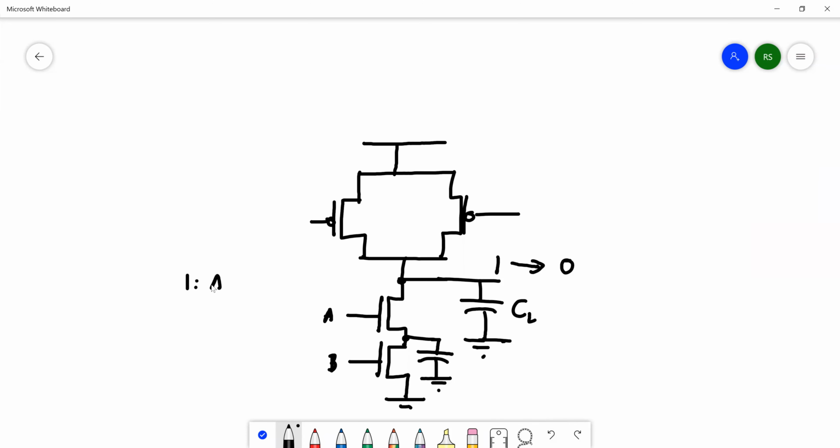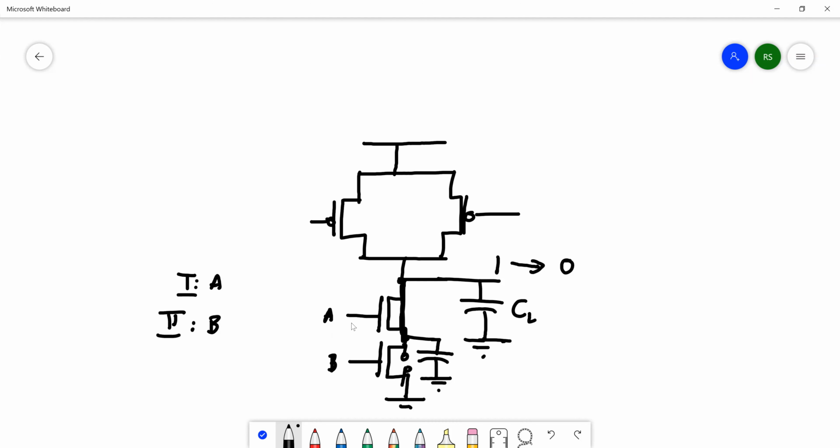First is A, and second is B. So A has already come, which means that A has gone from 0 to 1, and this MOS is conducting. But B has not yet arrived, which means that this is an open circuit, which means this capacitor cannot discharge. Even though A has come, we are not doing anything, right? So that is the bad thing.